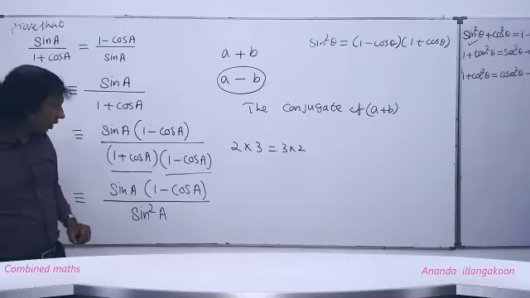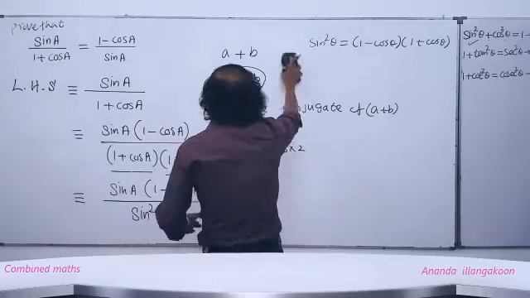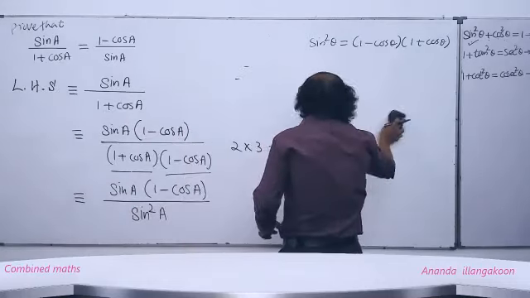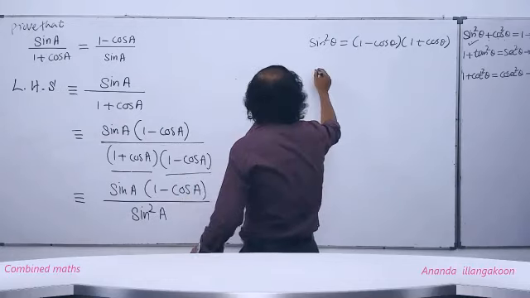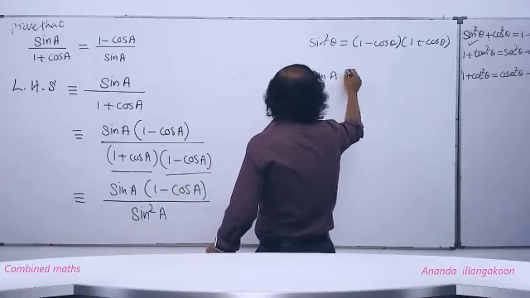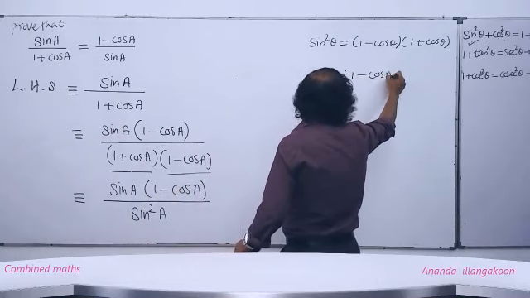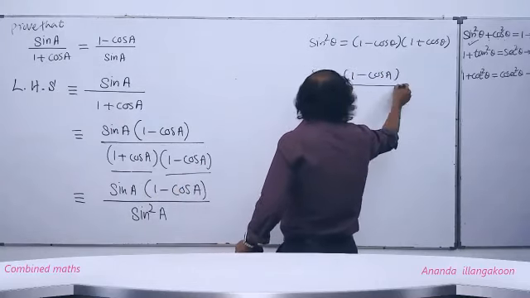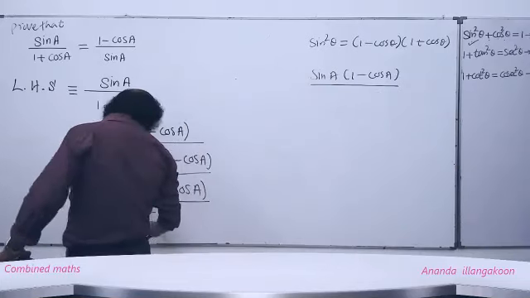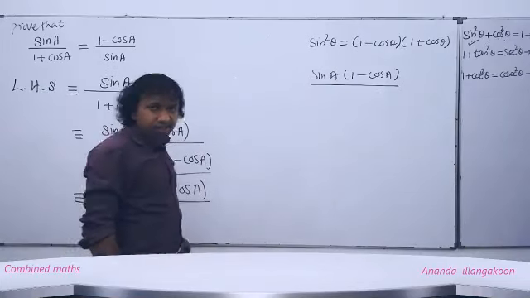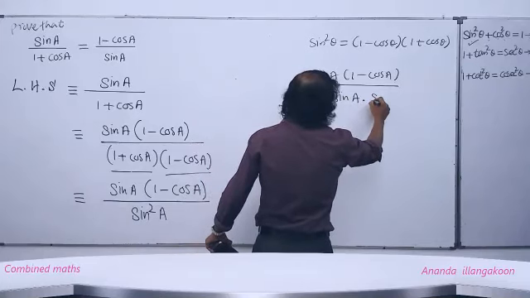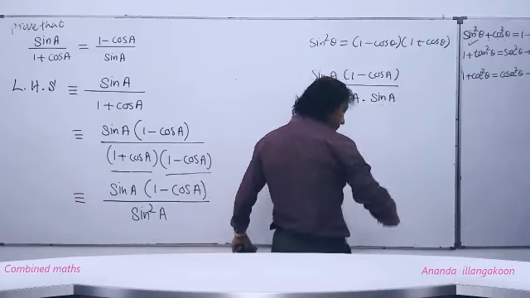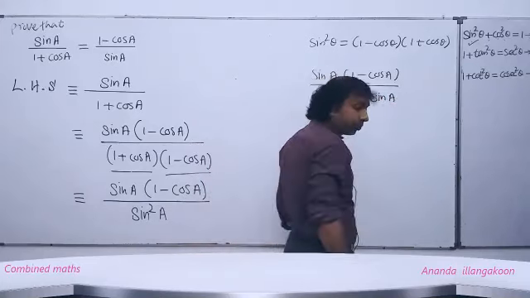Understand? So now I am going to show, in this case, the way of simplifying that. Really, we have sine A times 1 minus cos A. Here, sine squared A is nothing but sine A multiplied by sine A. Then one sine A term you can cancel down.